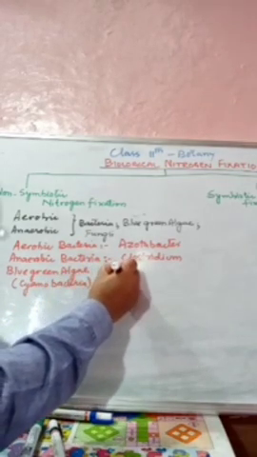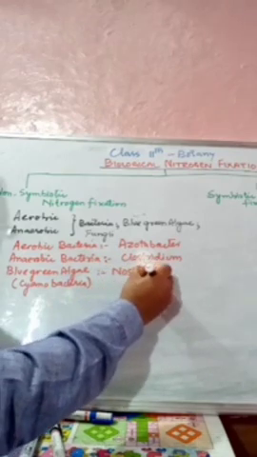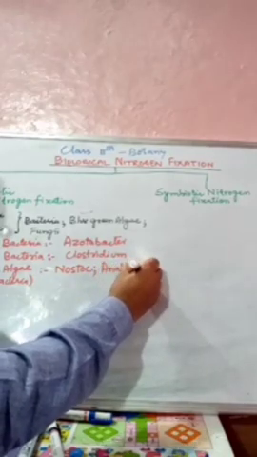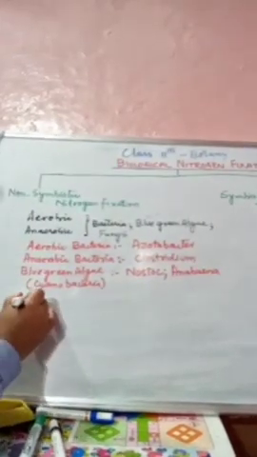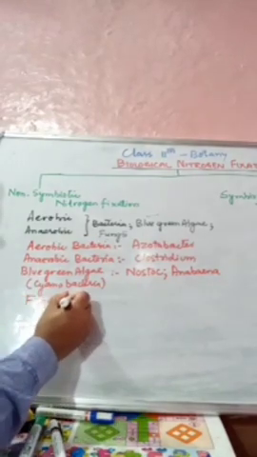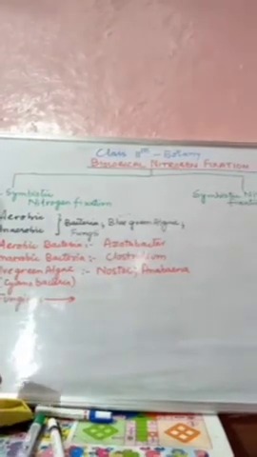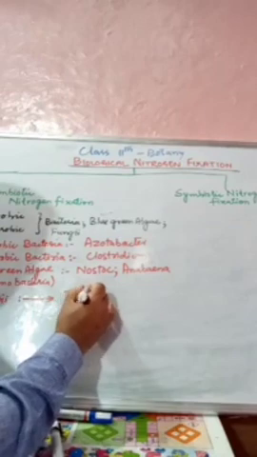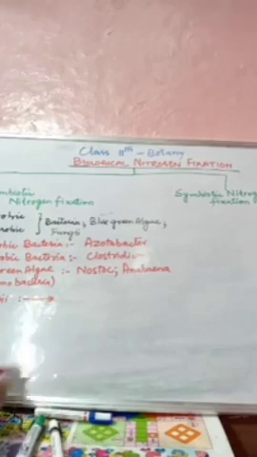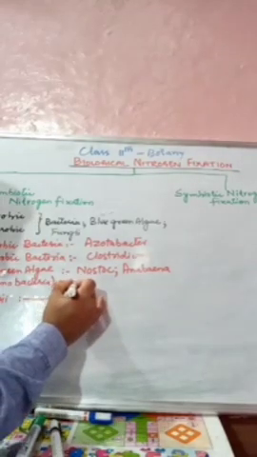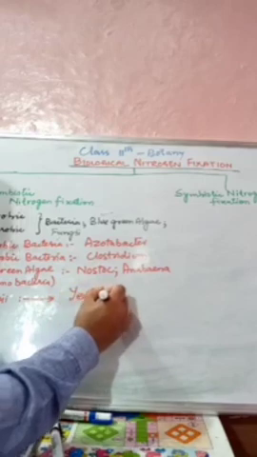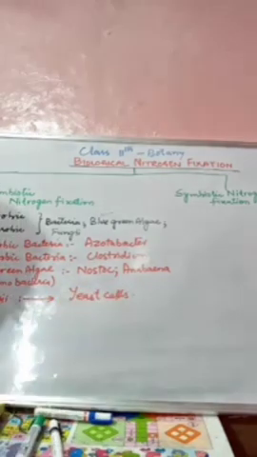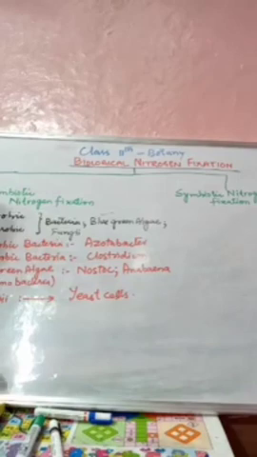For example, Nostoc and Anabaena. Then we have fungi, and in fungi, non-symbiotic nitrogen fixation is shown by yeast cells, where nitrogen fixation can take place.